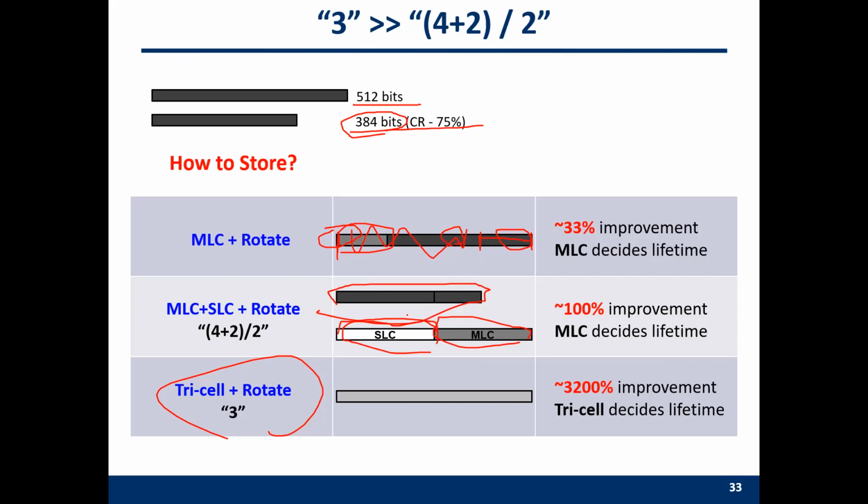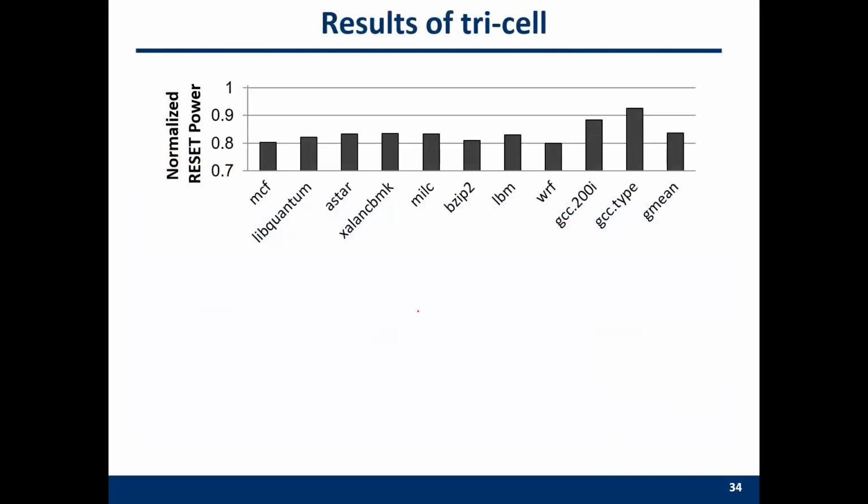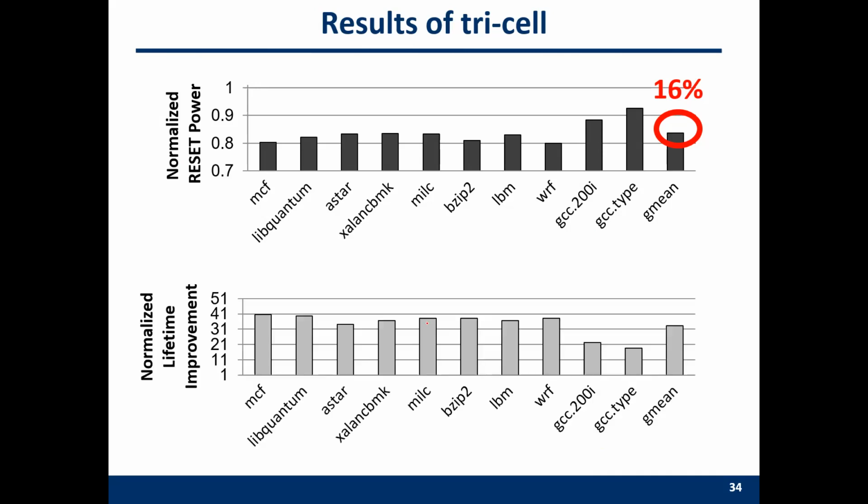But in the last row, we promote the worst case to a triple level cell. Because we can improve this worst case, we can improve the lifetime of the entire line. We reduce the reset energy by 16%, and we improve the lifetime by 32 times.